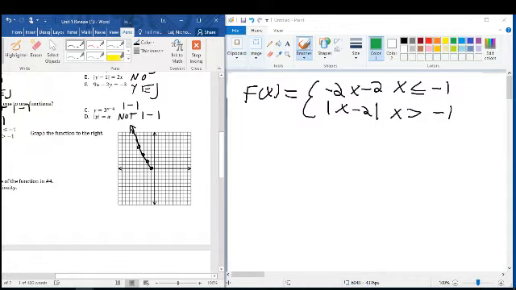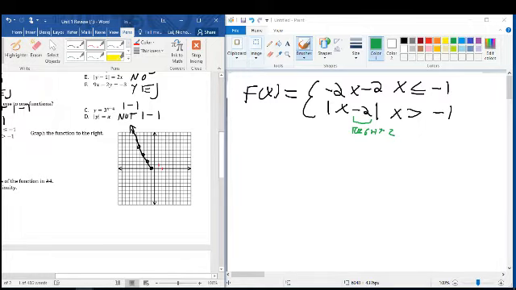Now, the second function is the absolute value of x minus 2. So we will have our absolute value function shifted right 2. So here we go, right 1, 2, and we have an absolute value function with a linear slope.